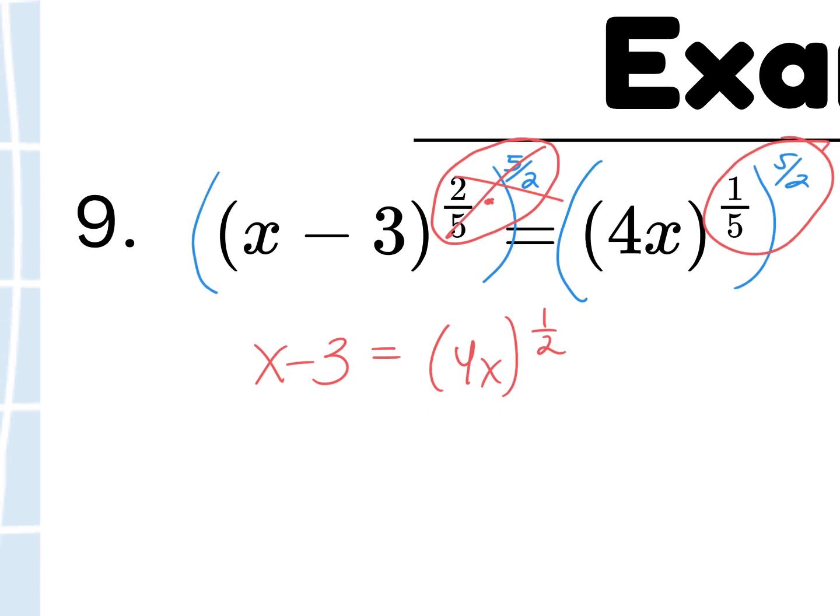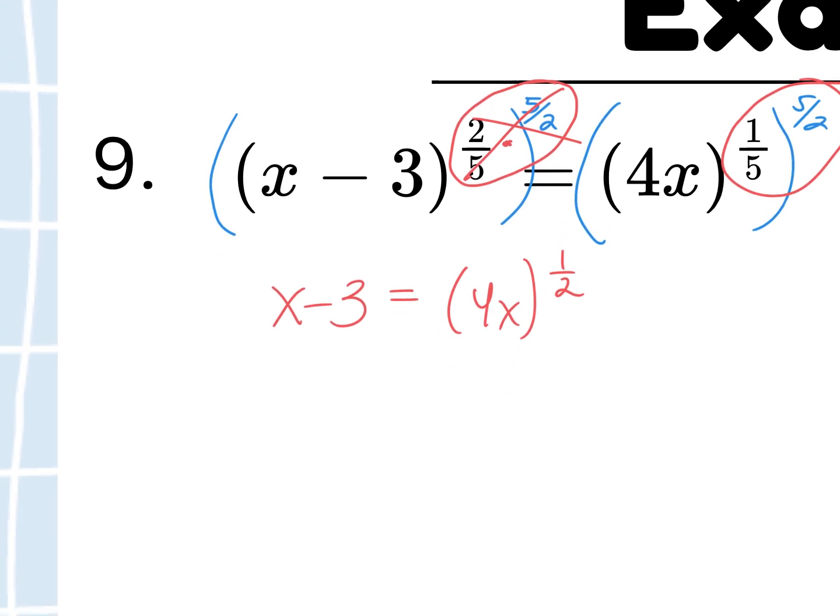Now we got one of our fractions to go away. Now we can write this as a radical. What does this 2 become? The square root. So you have x minus 3 equals the square root of 4x.